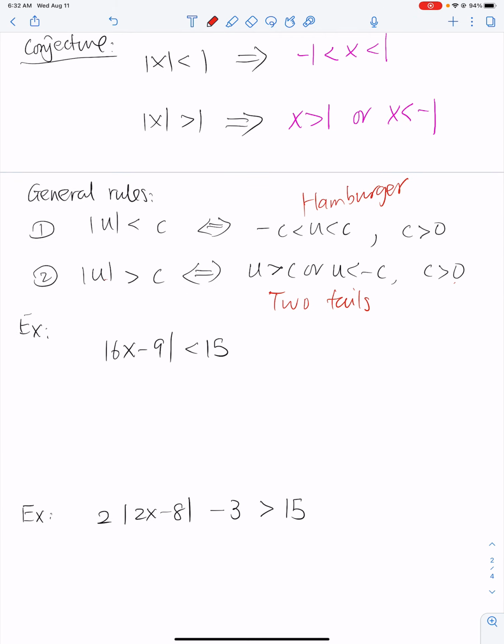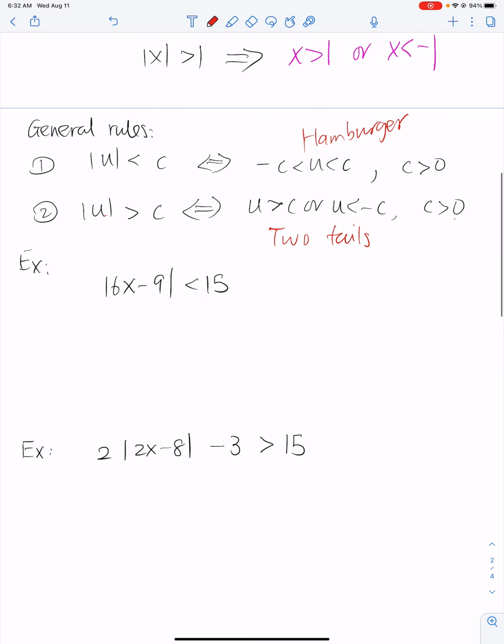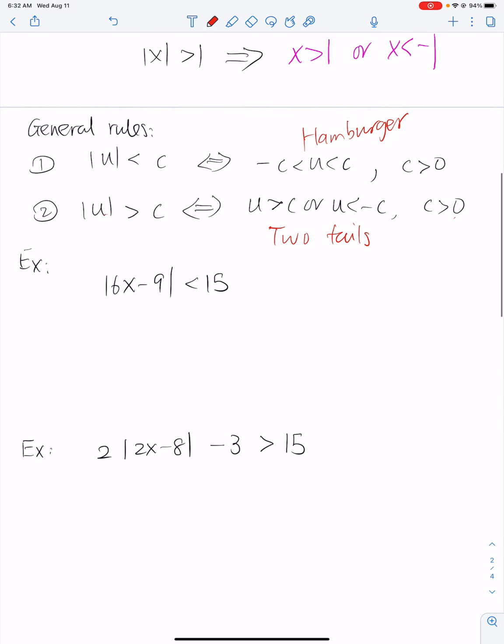Okay, so maybe let's try this. Absolute value of 6x minus 9 less than 15. Here the number is positive. So less than, hamburger or two tails? Hamburger means this is your meat. Keep your meat.